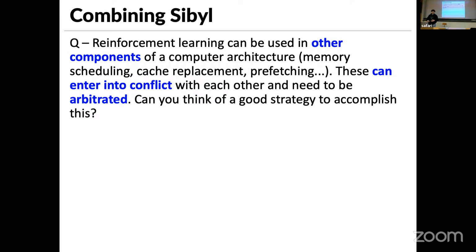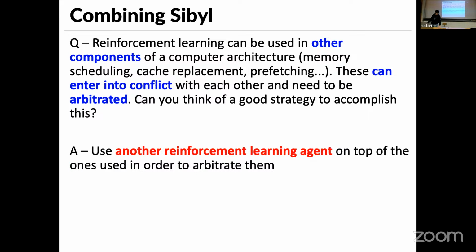Should I just give my idea? Okay. So this was maybe a bit confusing, but what I would have used is another reinforcement learning agent on top, which can itself learn.